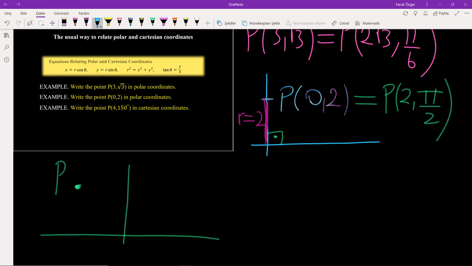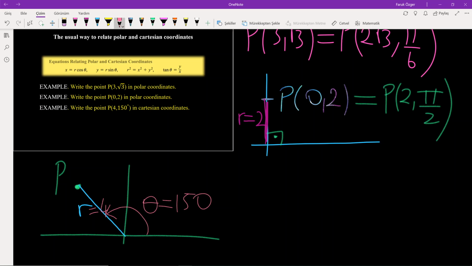Okay, this is the line r. And the theta from the positive x-axis to the line is equal to 150 degrees. Okay, so r is 4, and theta is 150.